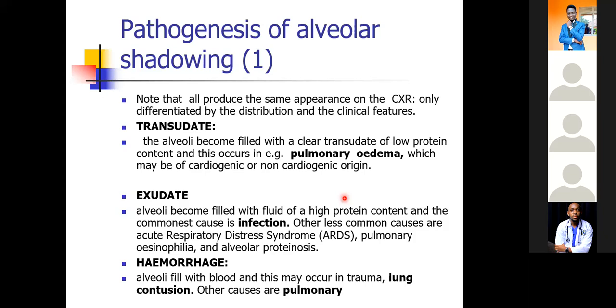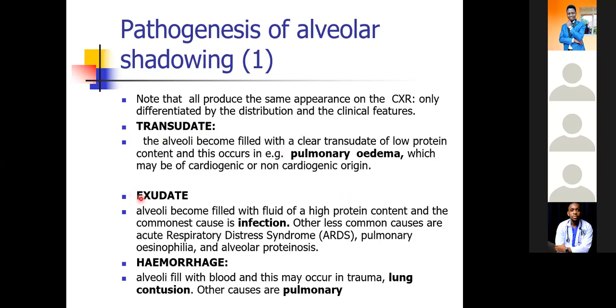For example, in case we are confronted with patients with these major organ failures, the heart, the liver, the kidneys, we expect such a situation to arise, that fluids can easily accumulate within the airspace or alveolar spaces, and gives us typically the feature of pulmonary edema, which is the best example of a transudate.